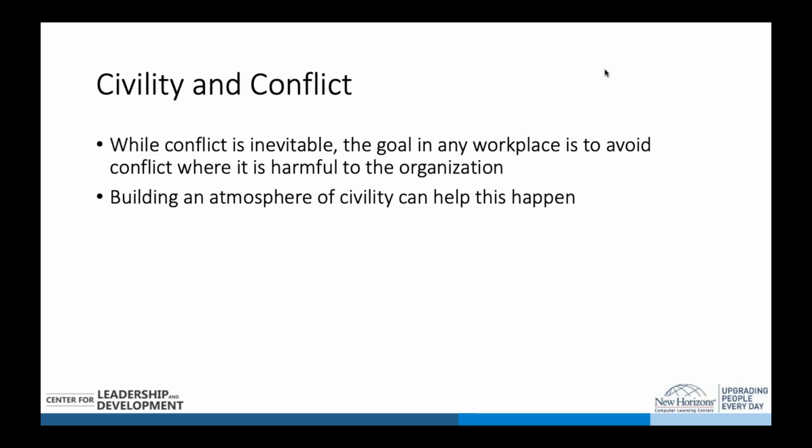Within our workplaces and within our organizations, whether they're public, private, for-profit, or not-for-profit, the goal is to avoid conflict, particularly where conflict is harmful to the organization. There are a number of ways that we can create cultures, atmospheres and environments where we reduce the potential for conflict and reduce the types of conflict which may occur.